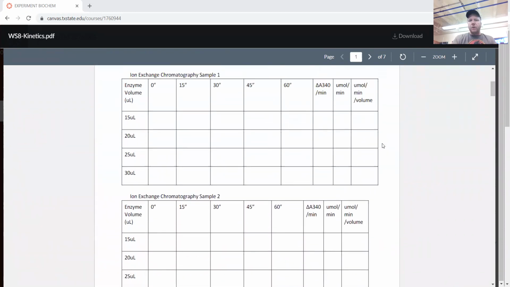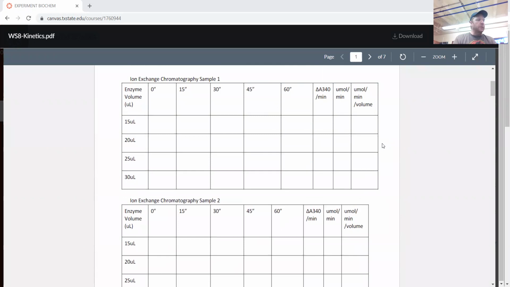Now, I don't think anyone has their ion exchange chromatography sample. Don't worry about that. I will provide y'all with samples labeled A, B, and C. You are going to use these for this part of the procedure.